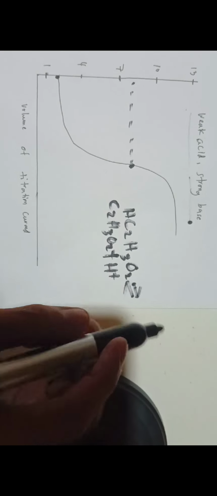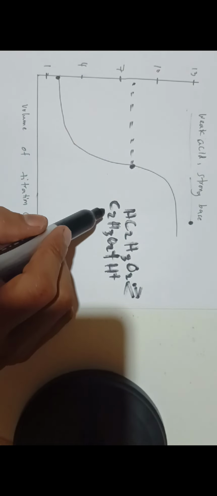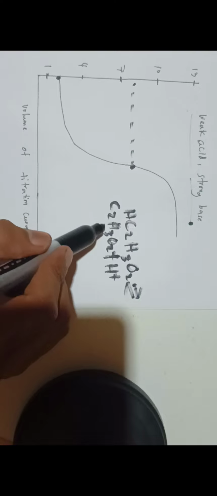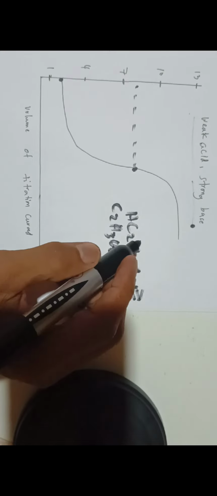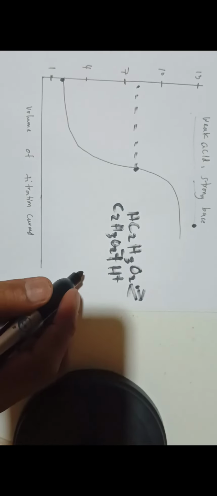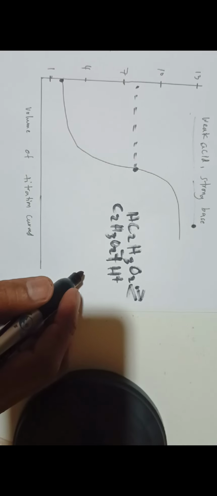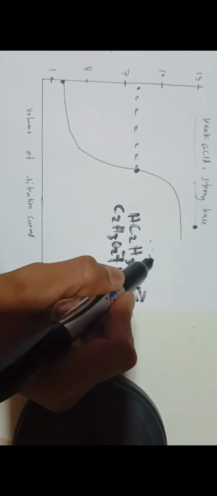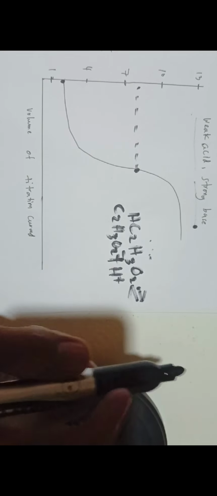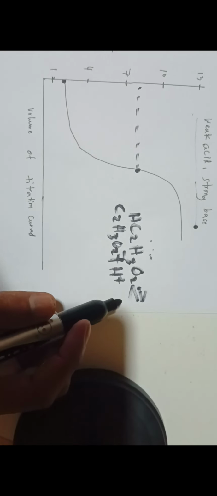Since C2H3O2 minus is a strong base, it is going to accept protons and change back into HC2H3O2.